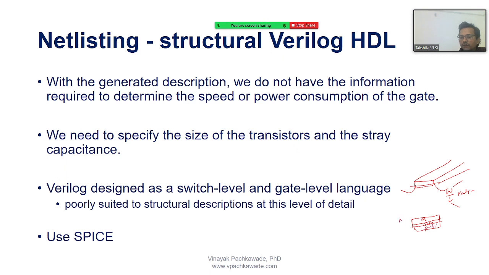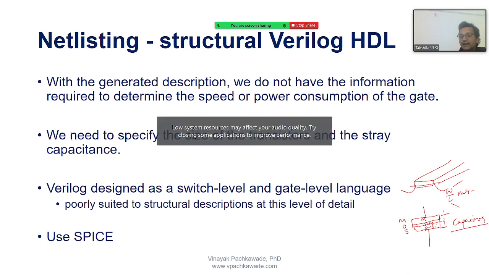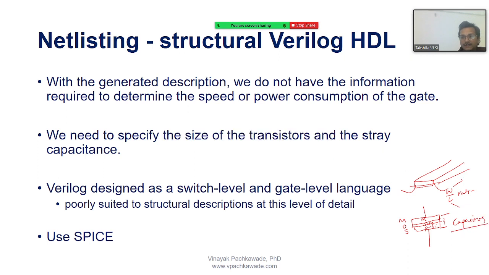So I have a metal, oxide and semiconductor, and this is basically two capacitive plates separated by a dielectric or insulator. That is what I am modeling as a capacitor. So my MOS transistor can act as a capacitor.